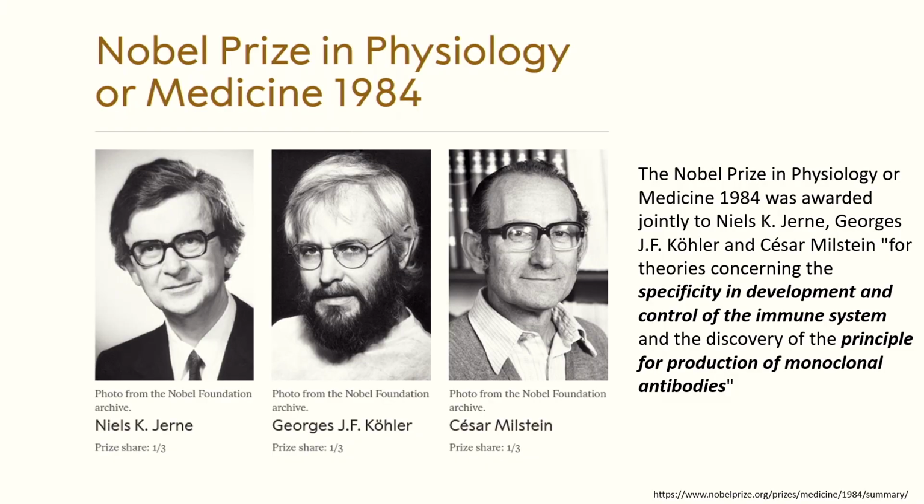One is Dr. Niels Jerne, who worked on the specificity in the development and control of the immune system, of the immunoglobulins and the overall immune system. The other two scientists, Kohler and Milstein, got the Nobel Prize for the discovery of the monoclonal antibody.